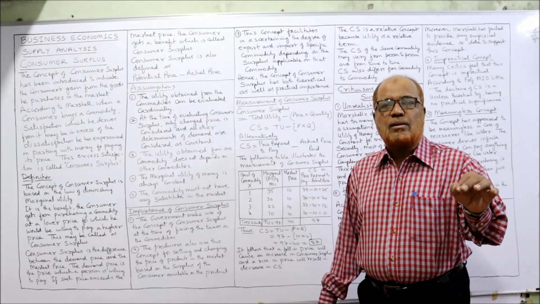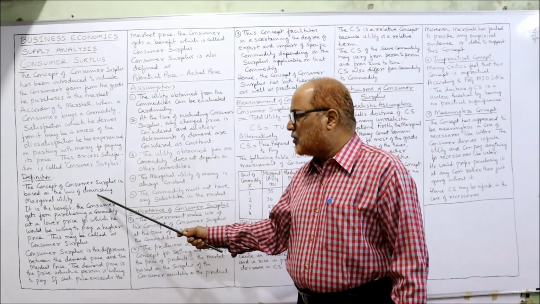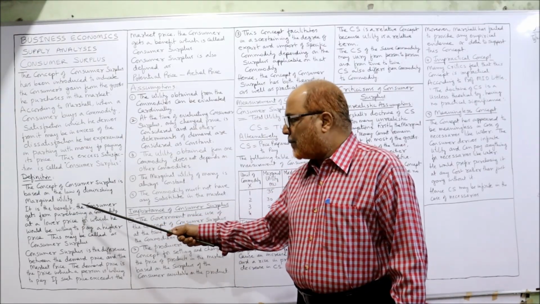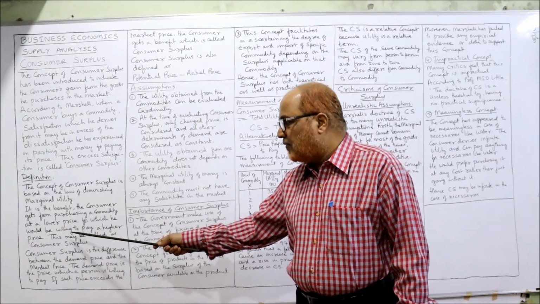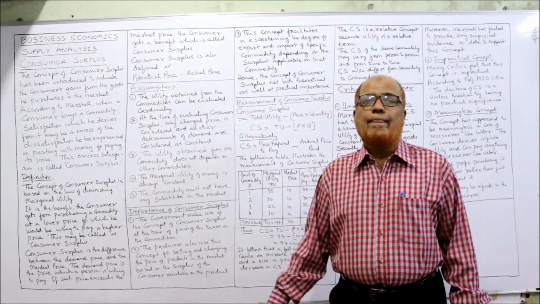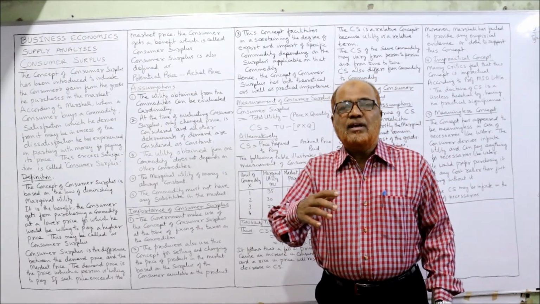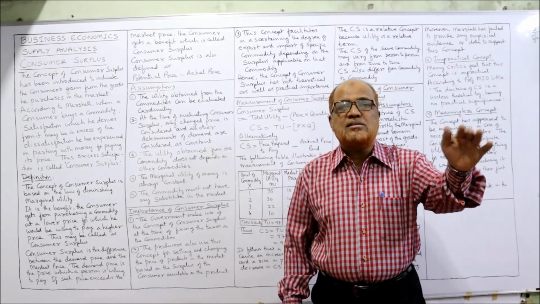So consumer surplus is an extension of this law. It is the benefit the consumer gets from purchasing a commodity at a lower price, for which he would be willing to pay a higher price. So a person gets consumer surplus if he is willing to pay a higher price but the market price is lower.